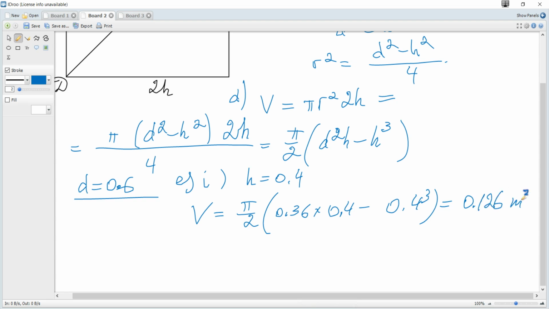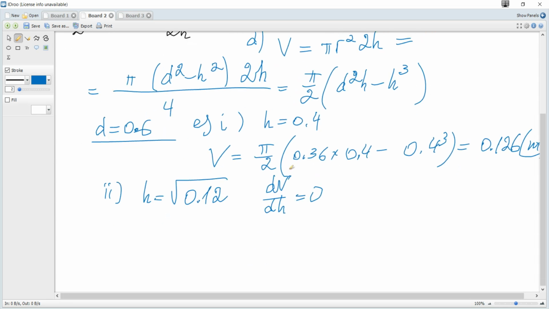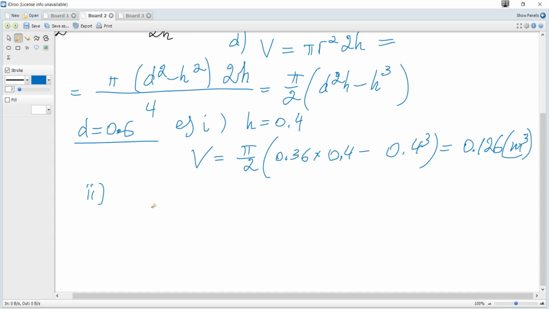Next, use differentiation to show that h is square root of 0.12 when dv over dh is 0. So we should consider the derivative to be 0, and we need to solve for h. The derivative dv over dh becomes pi over 2, since it's a constant multiplied by a function, it's the constant multiplied by the derivative.